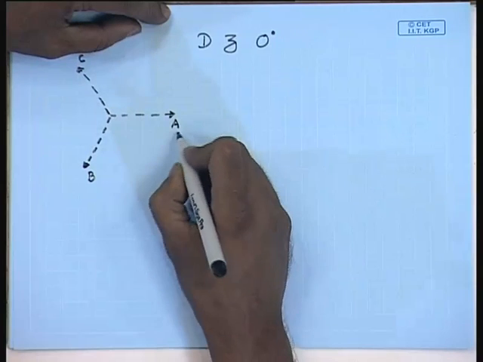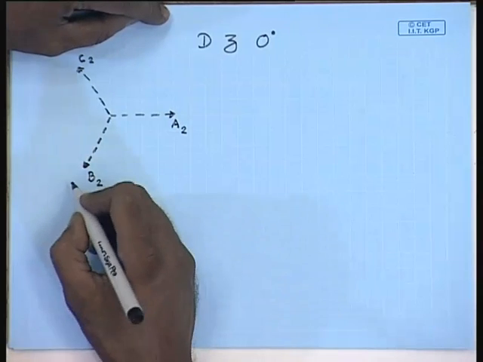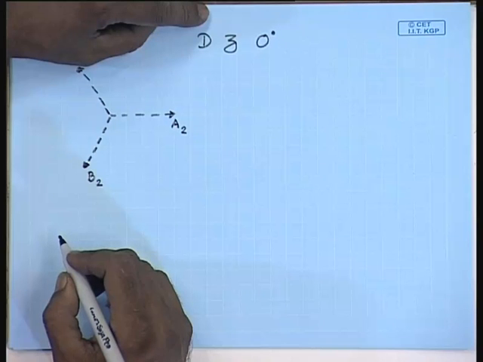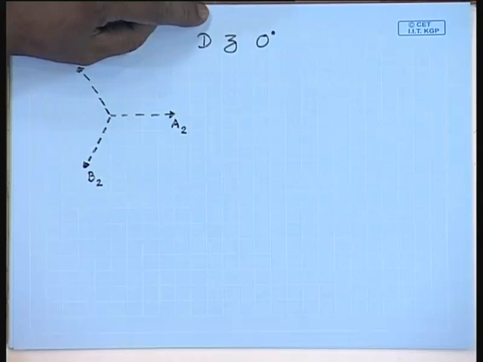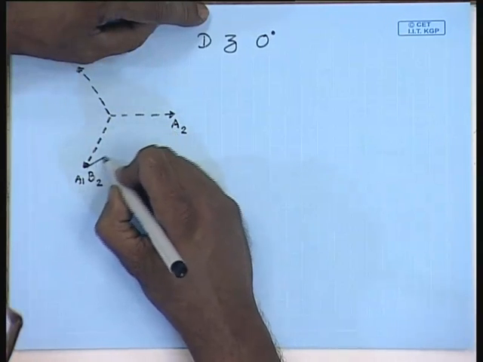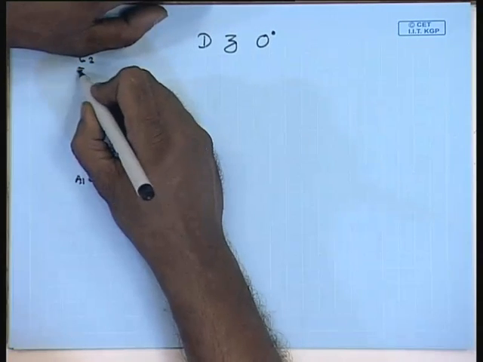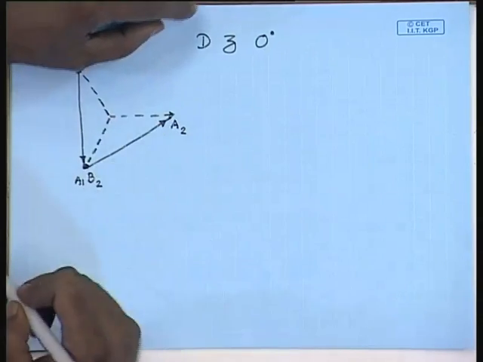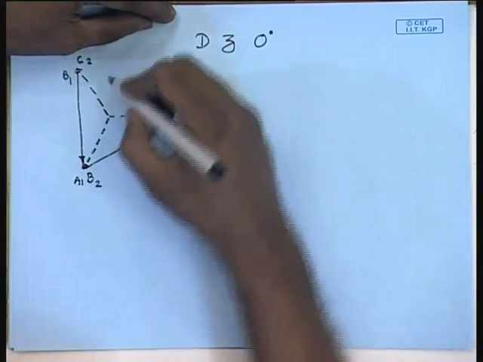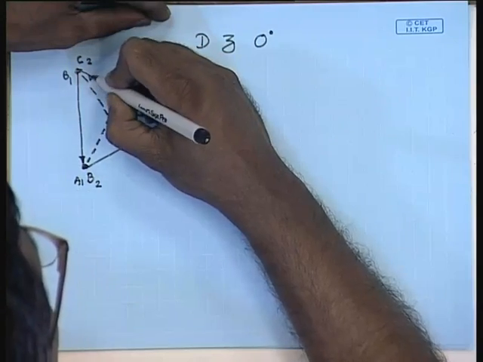If we assume the terminals are connected from A2, B2 and C2, then let us say this is A1. So, the winding voltage is A1 A2, B1 B2 and C1 C2. These are the winding voltages.